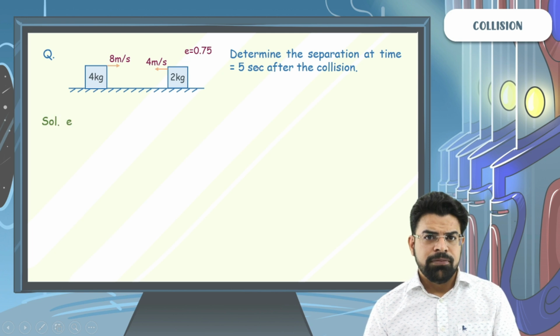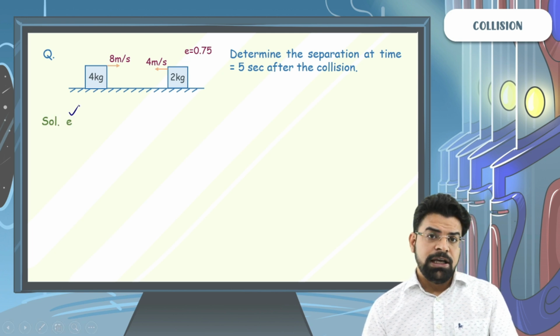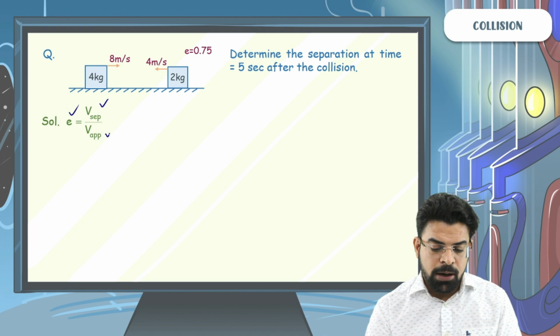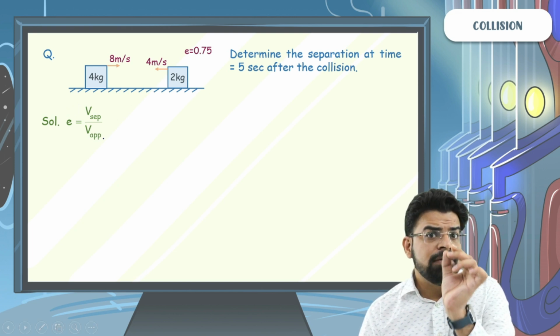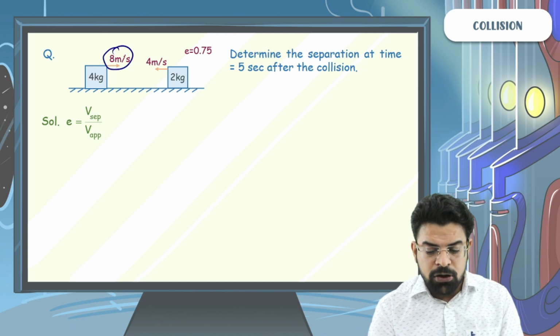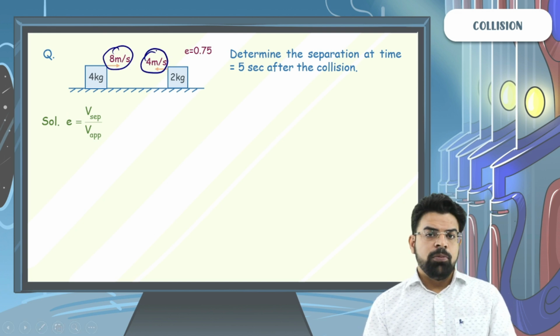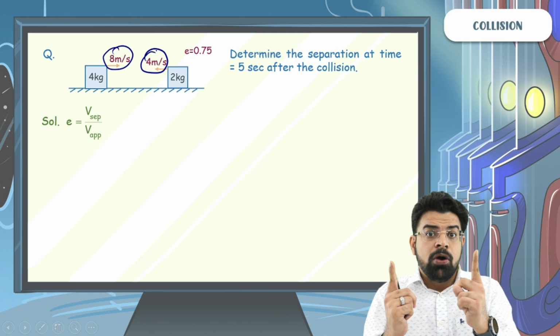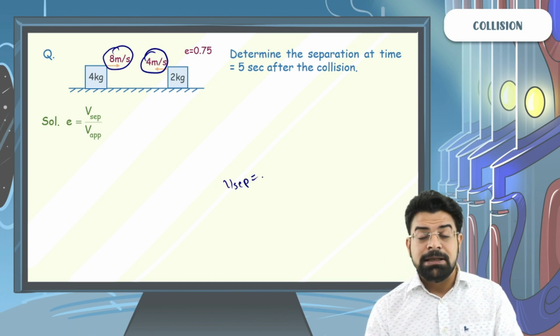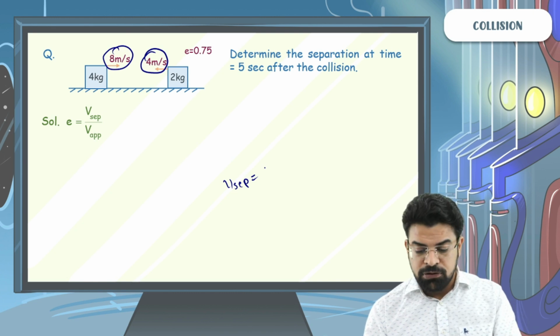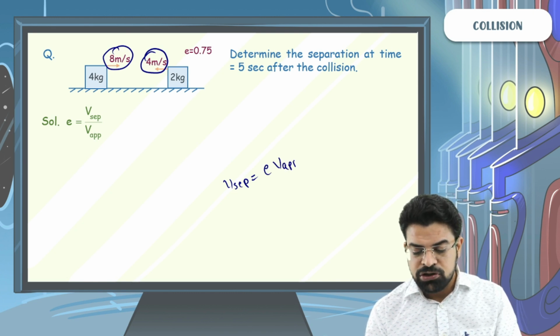So you will say, we know that coefficient of restitution e equals velocity of separation upon velocity of approach. Here I can easily tell what is the velocity of approach. Both the velocities of 8 meter per second and 4 meter per second try to make the blocks approach. So I can say velocity of separation, the rate at which the separation increases after the collision, equals coefficient of restitution times velocity of approach.